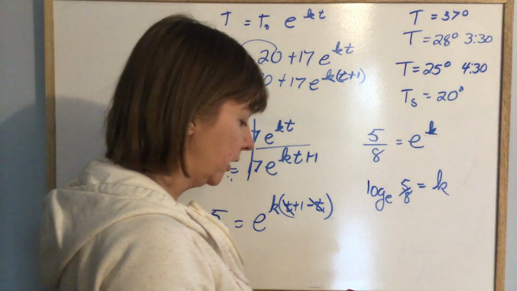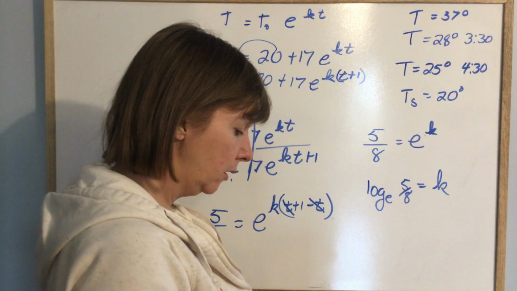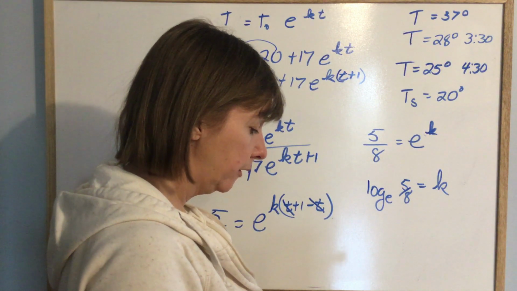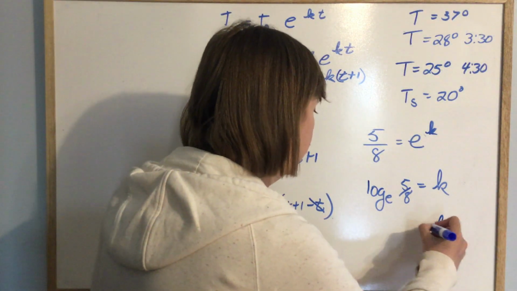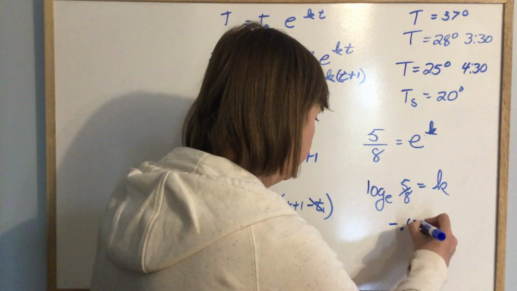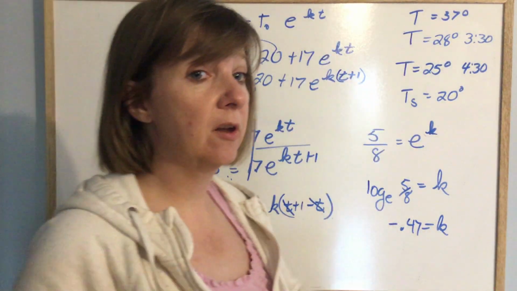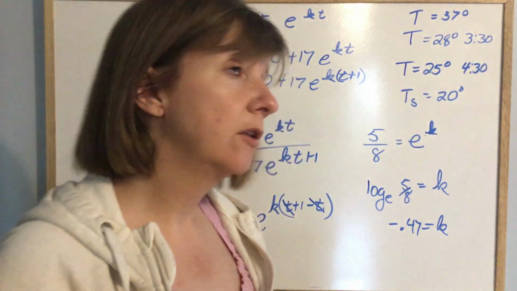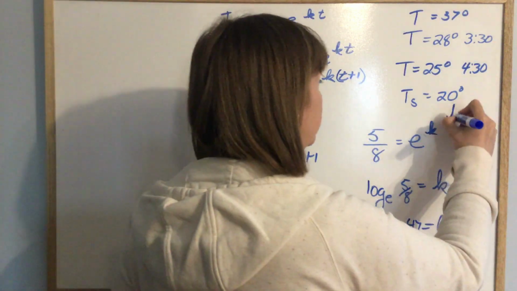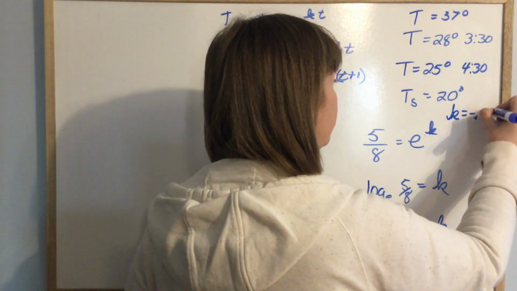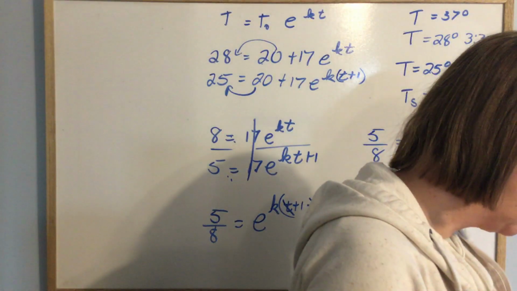So I'm going to do ln of 5 over 8, and that is k is negative 0.47. Makes sense that it's negative because remember the temperature is decreasing. So it makes sense that the growth constant is negative. So we'll put that up here. k is negative 0.47.